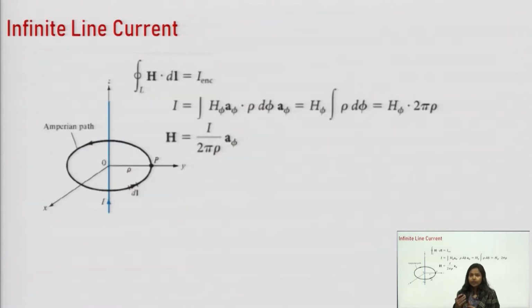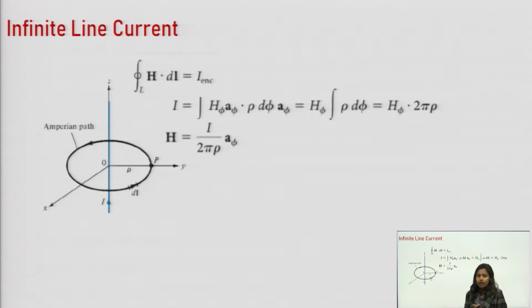Now we can use Ampere's law to find the magnetic field for different kinds of configuration. First of all, we will see what the magnetic field intensity H is due to an infinite line current at a point. See, the application of Biot-Savart law was a little bit difficult.